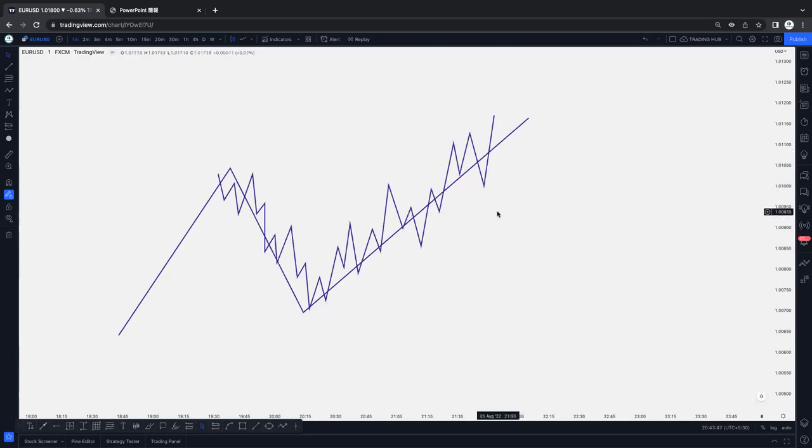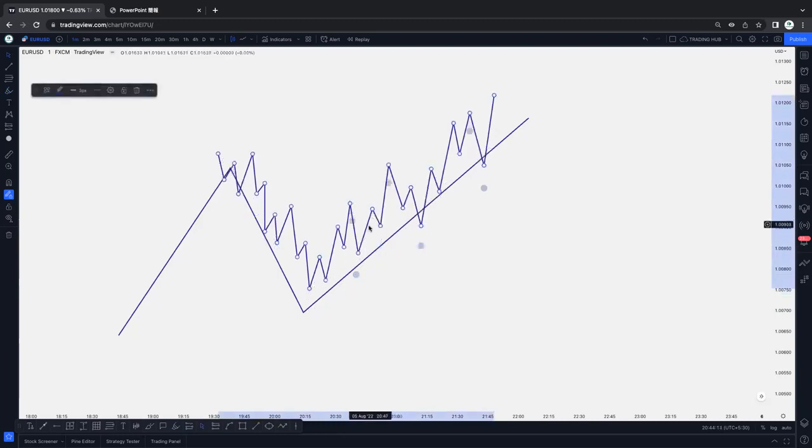So people get confused about which inducement they should use, and sometimes this one is an inducement or this one is an inducement. So at this point, mark this structure. Okay, so this is your internal structure, and if you can see here, this is your internal inducement for this move.